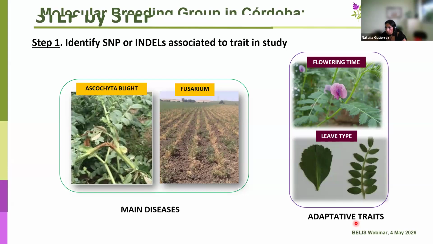The identification of SNPs or indels associated with these traits requires extensive genomic and genetic studies, but once those markers are identified, they can be used to develop reliable KASP assays.